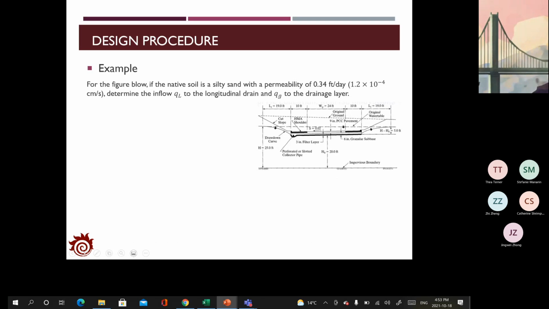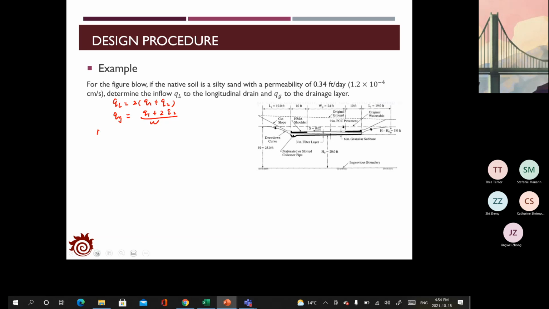As this pavement structure is sloped to one side, we will need to recall the two equations defined previously for the super elevated pavement structure. We have QL equal to 2 times Q1 plus Q2, and QG equal to (Q1 plus 2 times Q2) divided by W. And this problem wants us to find out these two values.